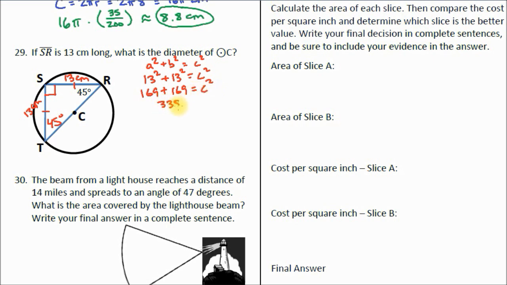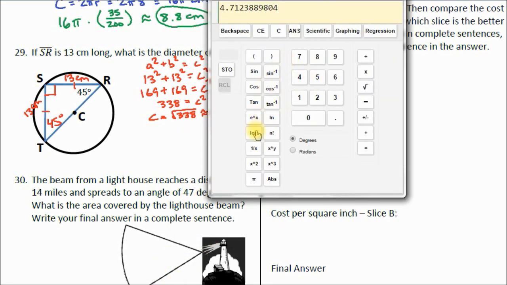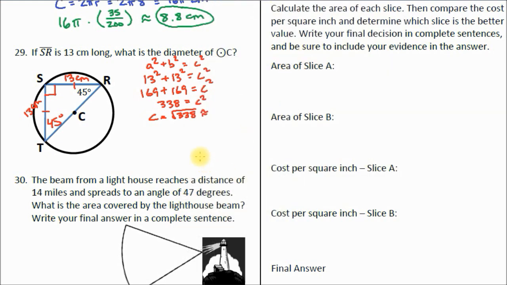That's 338 equals c squared. And that means c is going to be the square root of 338, which is approximately, let's check this, the square root of 338 equals 18.38, so approximately 18.4. Our unit of measure is centimeters.